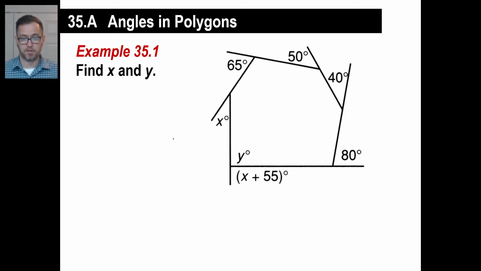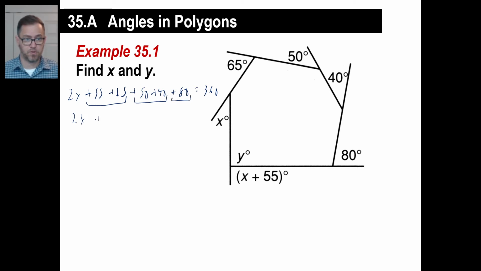So we have x plus x, let's make that 2x, plus 55 plus 65 plus 50 plus 40 plus 80, that all equals 360 degrees. That's the exterior angles. So let's see, we got 2x, what is this, 120, and then it's going to be 90 more, that's 210, 210 plus 80 is 290.